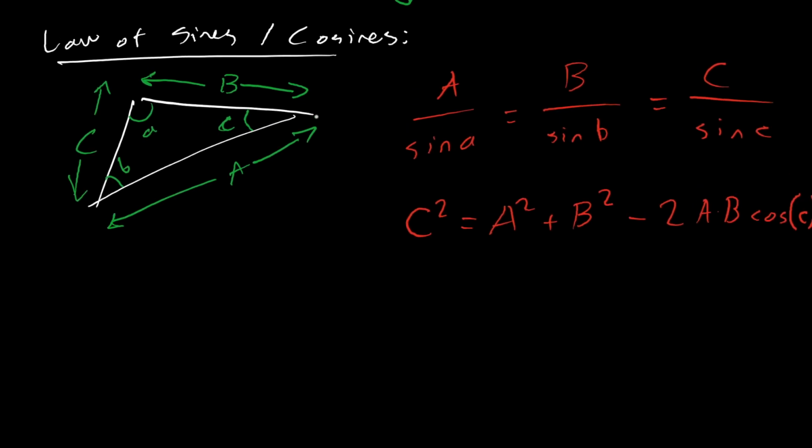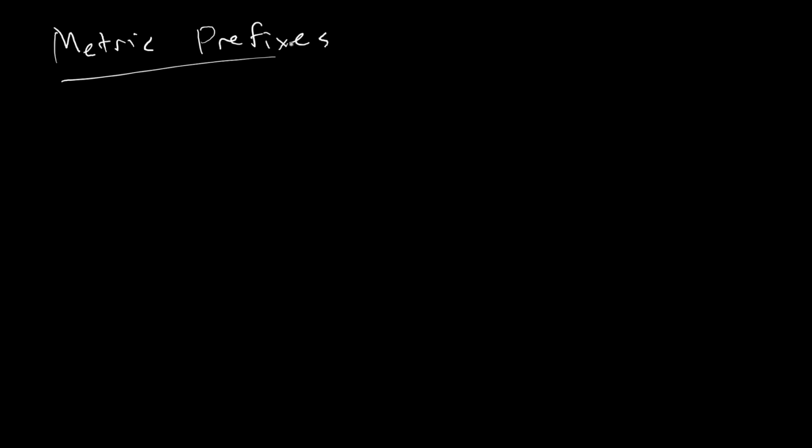So that's pretty straightforward. And now we will look at some units, some metric prefixes. Again, these are also important because at this point you should know them, but if you don't, you should. Let's say I say 1 kilonewton is equal to 1,000 newtons.